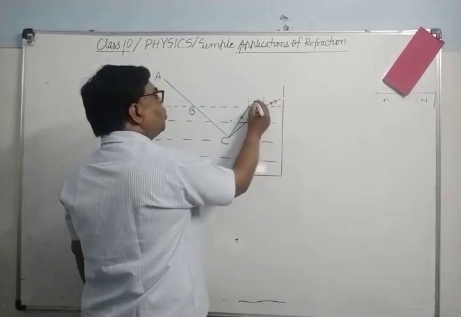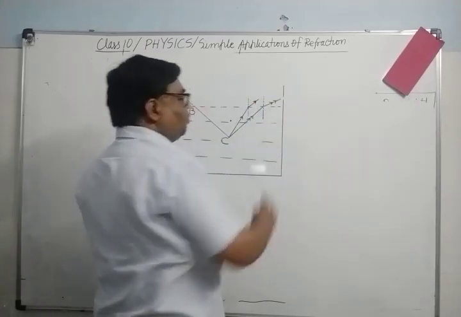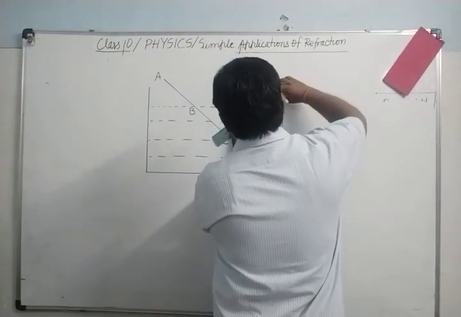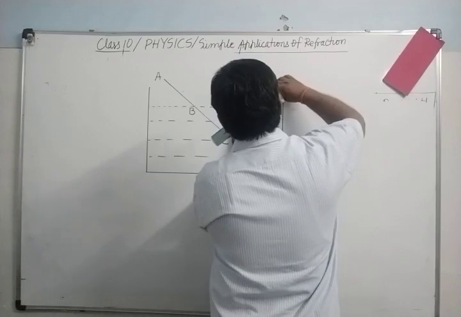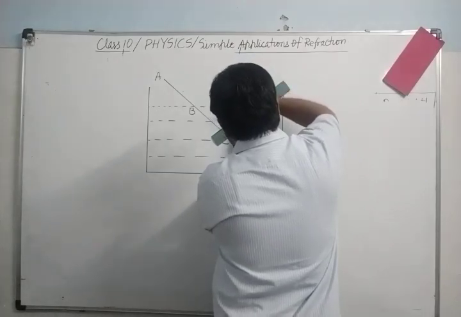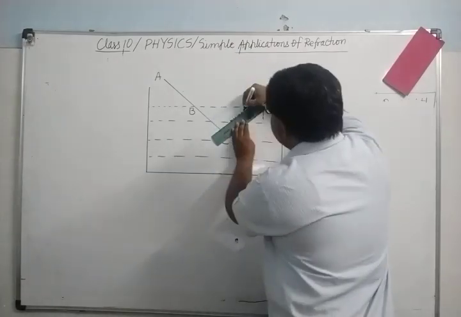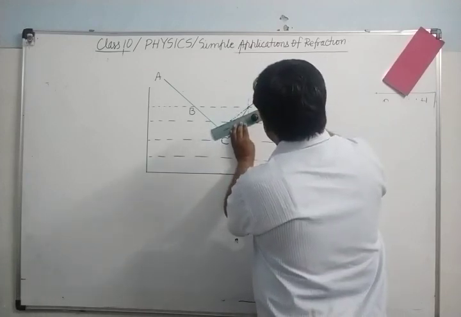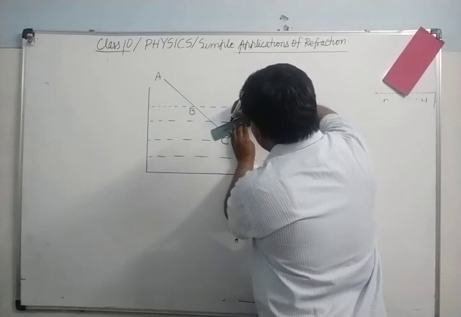Now when you produce them in the forward direction, they will not meet. But when you produce them back, they appear to come from this point.